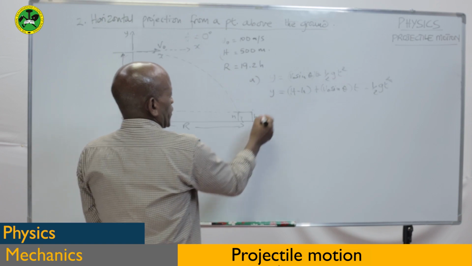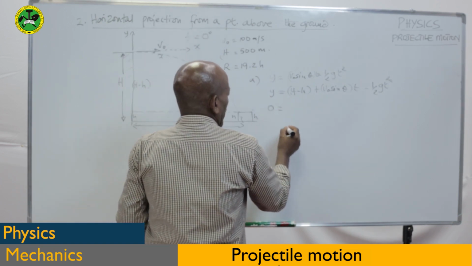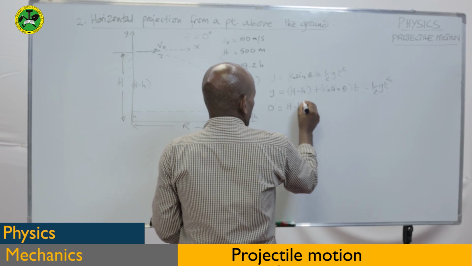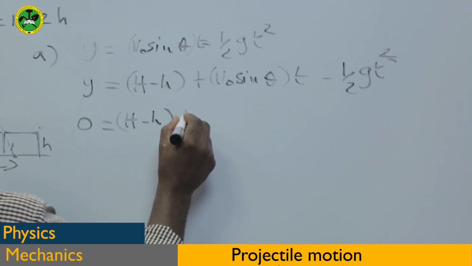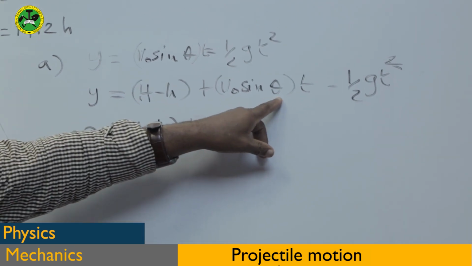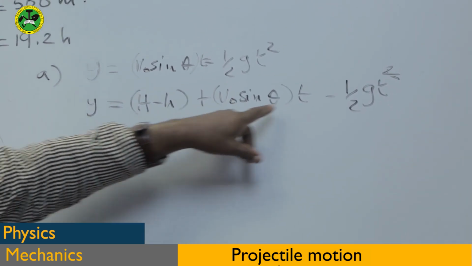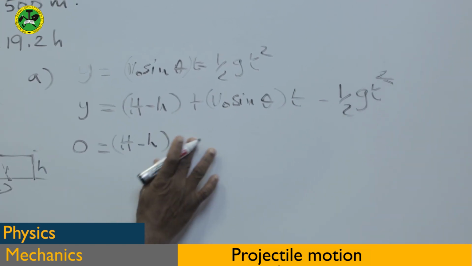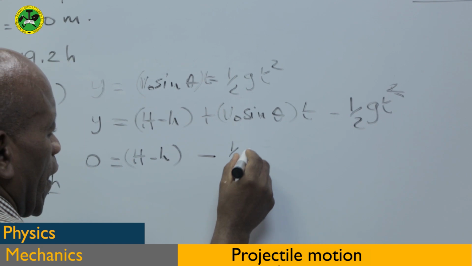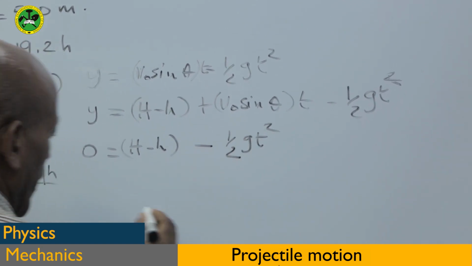We substitute y for 0, and here we are just going to have H minus small h, plus, now remember sine 0 is 0, so the whole of this particular expression doesn't exist, so we are remaining with minus a half times gt squared.